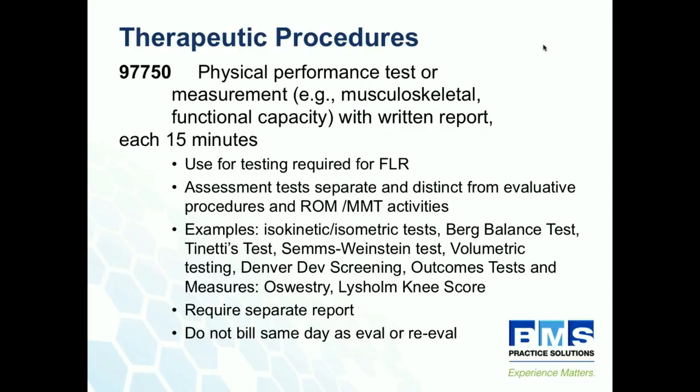Then you have the physical performance tests, like the Berg Balance test, the Tinetti test, the TUG, the Sims-Weinstein test, volumetric testing, and then you have the patient survey tests, so things like the Oswestry, the Lysholm score, the DASH, the Neck Pain and Disability Index, or the LEFS. It would also include things like developmental screening, like the Denver Developmental Screening or the Bayley.